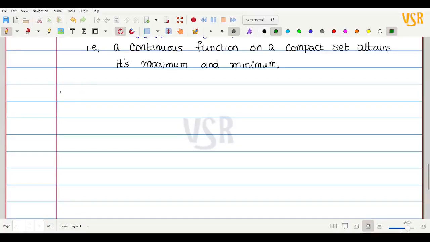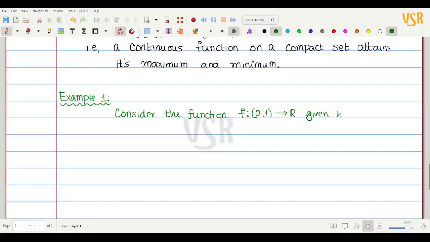So example 1. Okay, what is the example? The first example is very simple. Consider the function f from the open interval (0,1) to R, given by f of x equal to x.